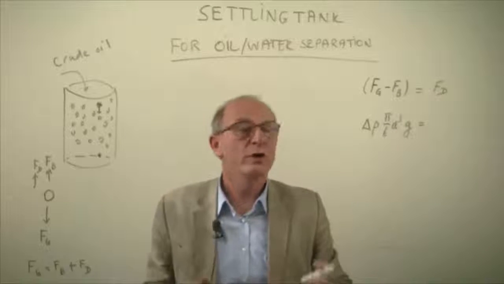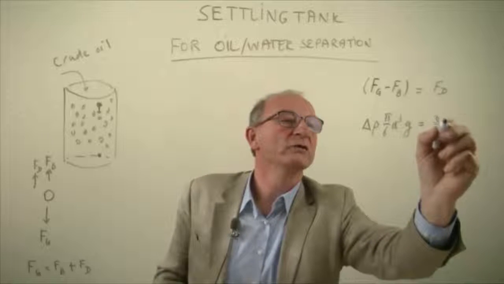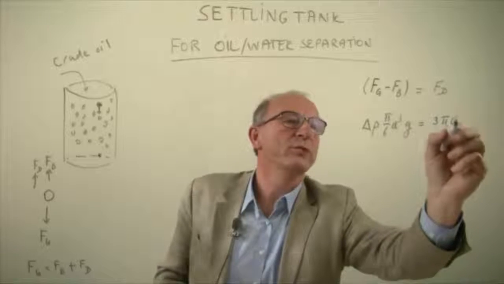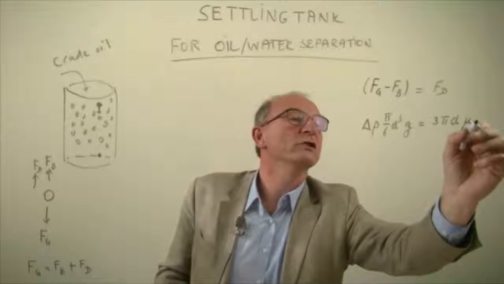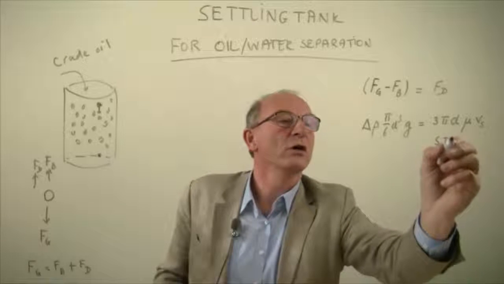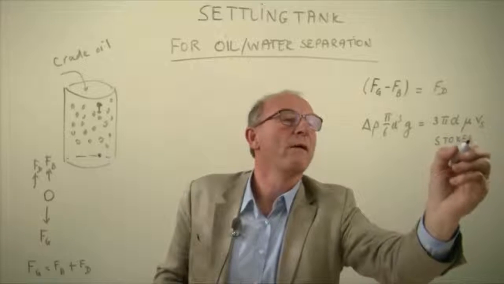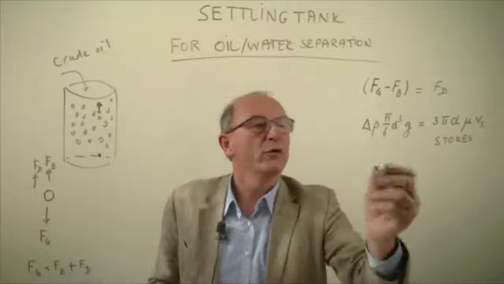We assume that we may apply Stokes Law here. And Stokes Law says that the drag force is 3 pi multiplied by the diameter of the water droplet multiplied by the viscosity multiplied by the settling velocity. This is Stokes Law. And if you apply this, you can calculate the velocity.